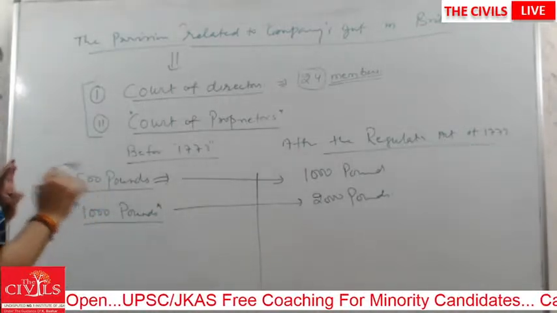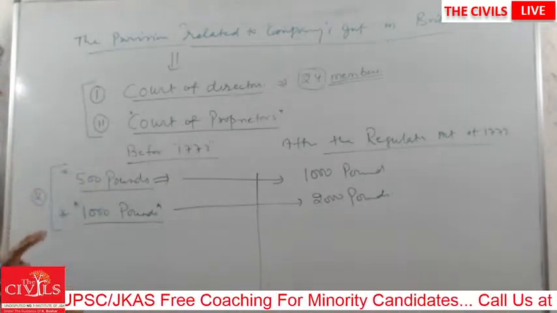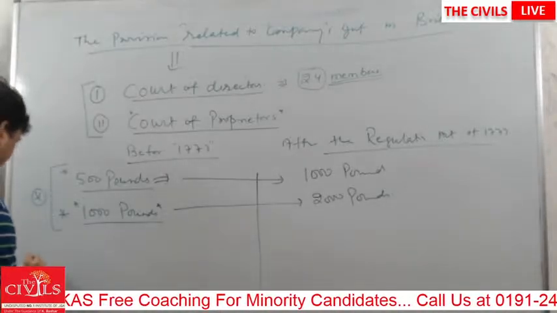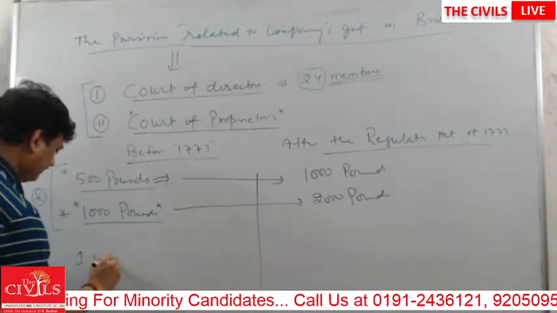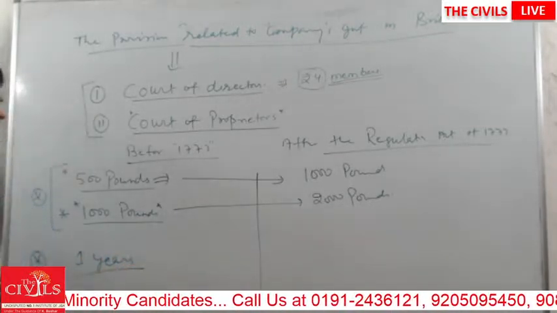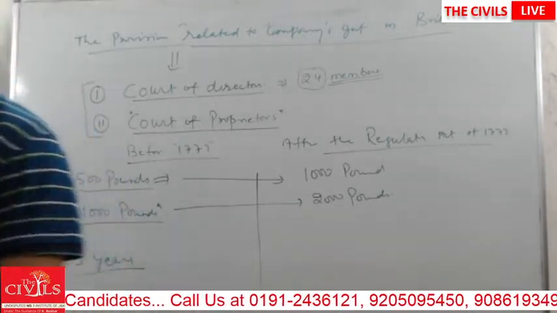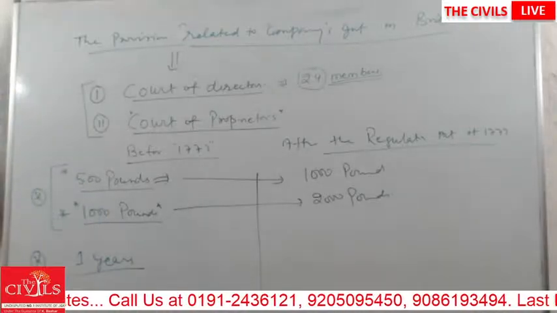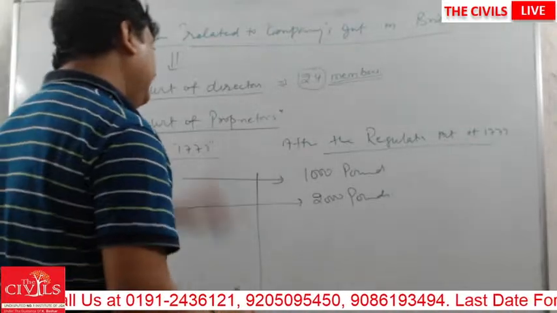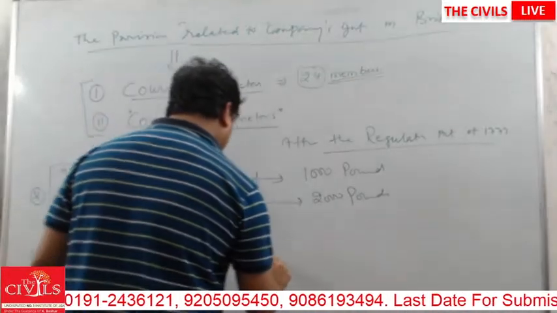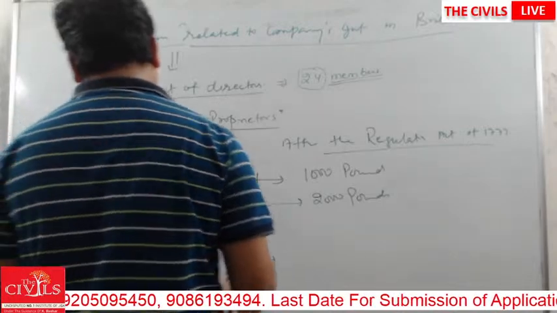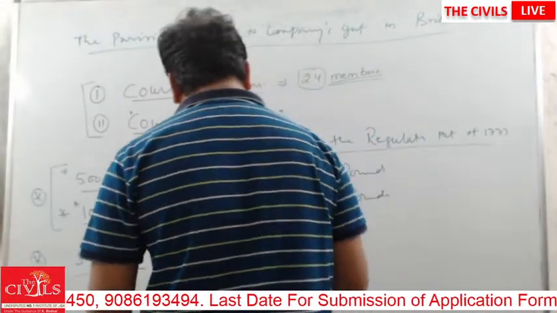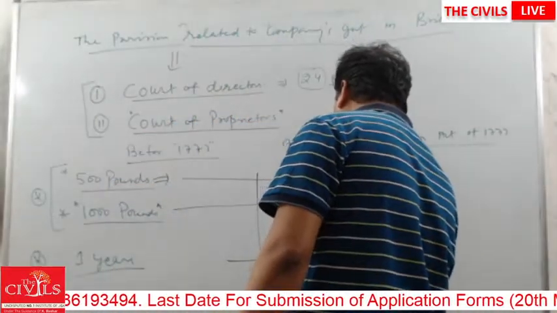Now the second provision was, before the Regulating Act of 1773, the Court of Directors were elected for 1 year, but by the Regulating Act of 1773, they were elected for 4 years.